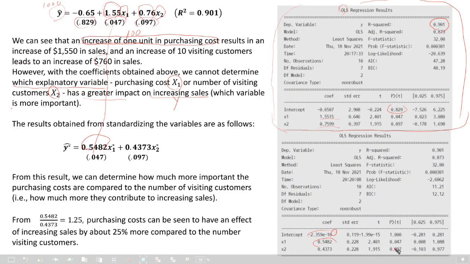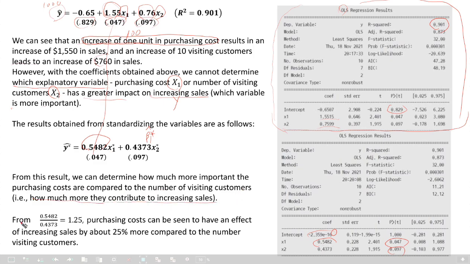And beta 1 star hat for x2 is 0.4373, with p-value 0.097, the same p-value. From this result, we can determine how much more important the purchasing cost x1 is compared to the number of visiting customers, how much more they contribute to increasing sales.